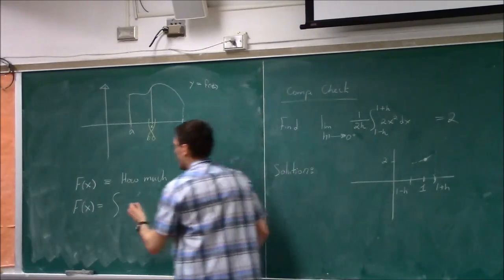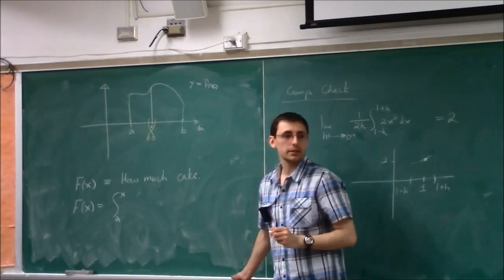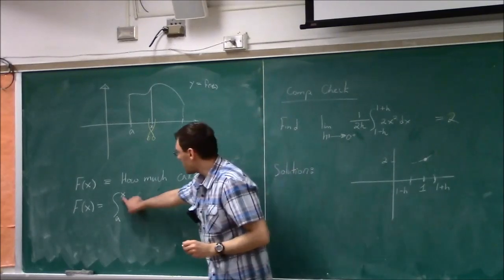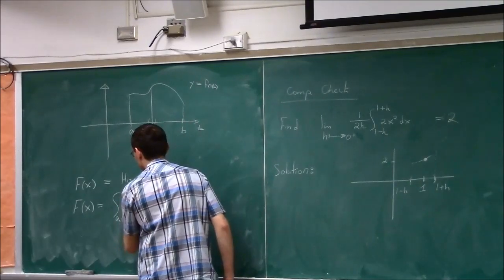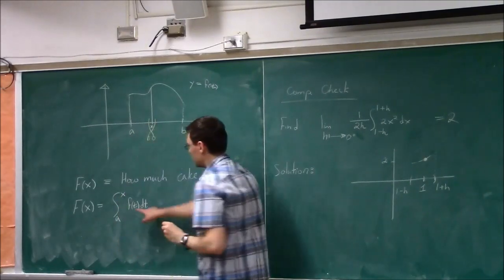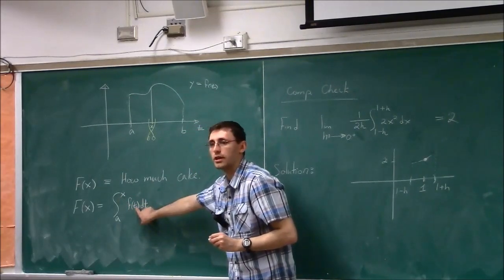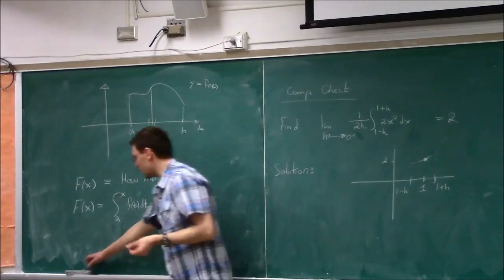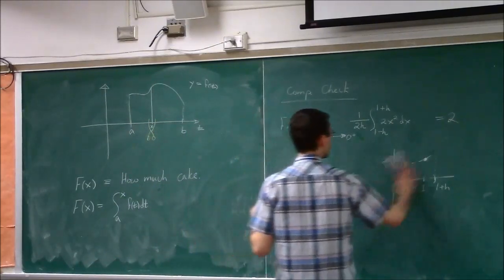So that's the area of cake from a to the point at which you decided to cut. And because the point at which you decided to cut has nothing to do with the function, you want to represent this as f of t dt. You don't want this x and the variable of the function to vary together. So you switch variables. If we have time, I'll explain more about what happens there.